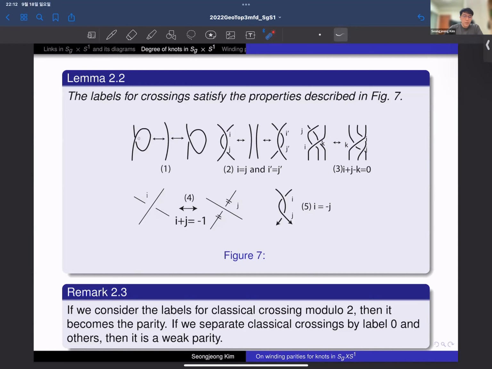Moreover, if we consider the labels for classical crossings modulo 2, then it becomes the parity, which is frequently used in virtual knot theory. And if we separate the labels into label 0 and others, then it becomes a weak parity.